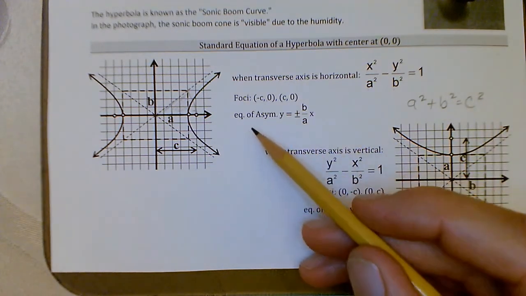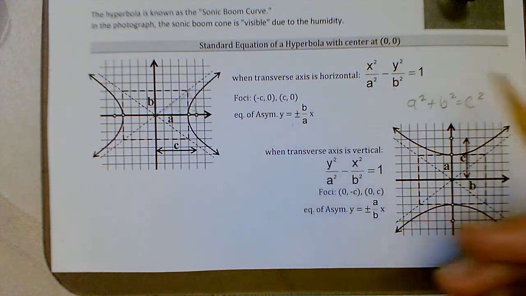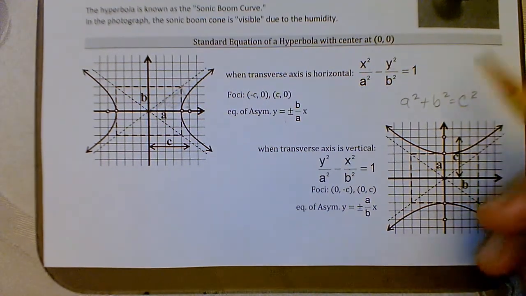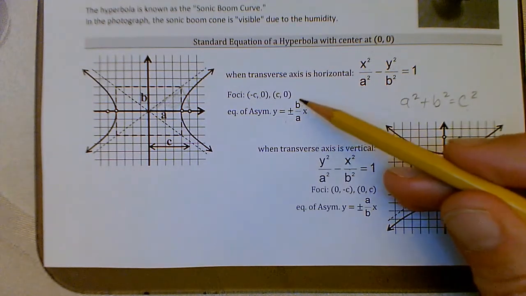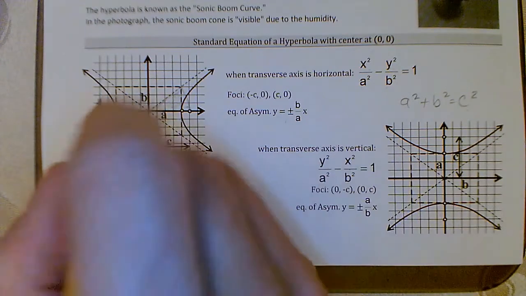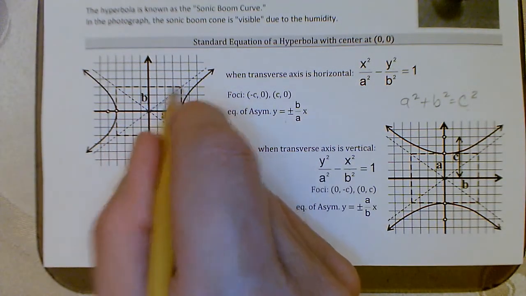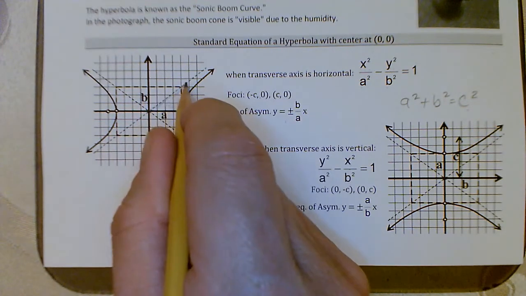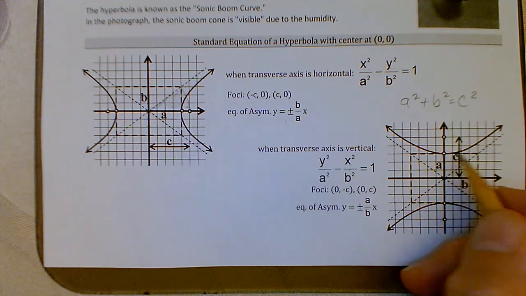All right, we will in some cases be interested in the equation of an asymptote or the slope of the asymptote. So the slope of the asymptote is always going to be either A over B or B over A. Remember, if we think about starting at the center, we talk about rise over run. So in this case, it's B over A. In this case, A is up, so it's rise over run.